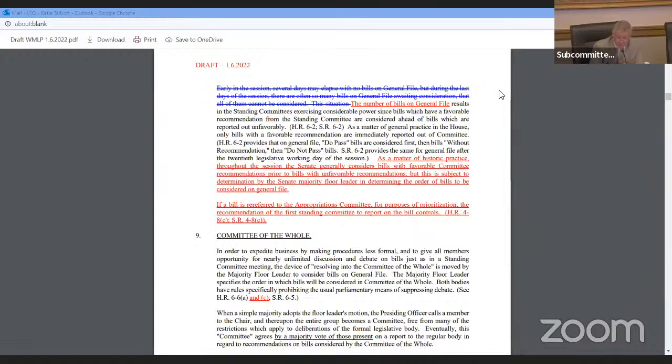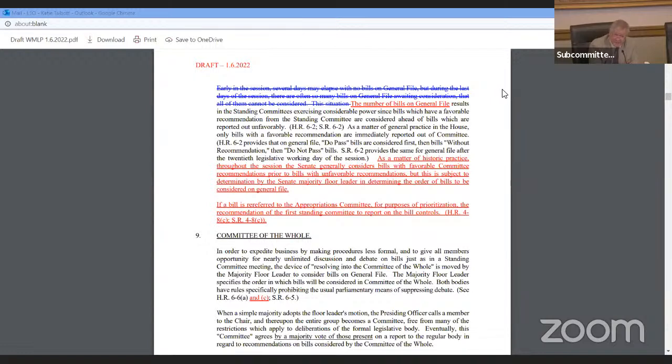And only by a motion to suspend the rules can you bring that up and put it on a different order, because the House has a rule on it. And in the Senate, and the chief clerk's here if you have any questions for him, but I think actually Ellen made this comment and we put it in, the Senate generally follows that, but it's up to the determination of the Senate Majority Floor Leader. So there's just a slight difference, and the manual reflects that difference.